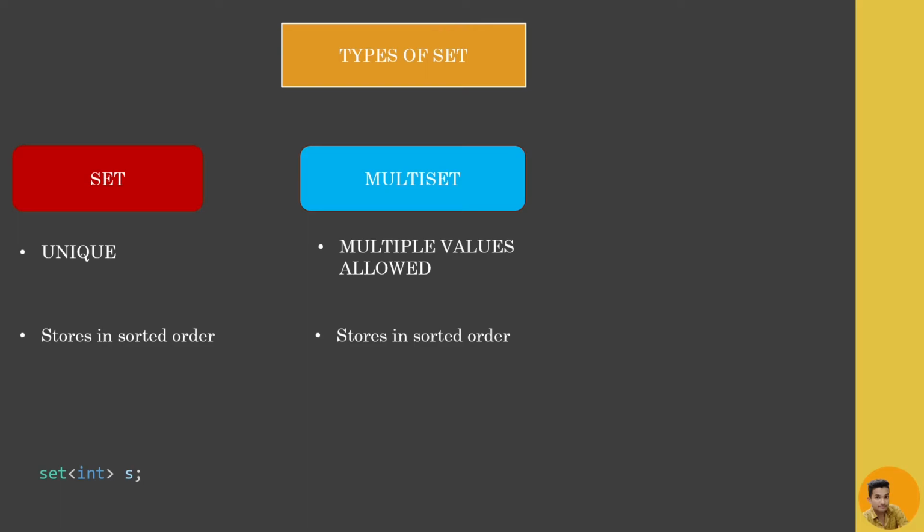That means all other properties of the set which we see here are applicable to multiset also. And to use this multiset, instead of set, we write multiset.